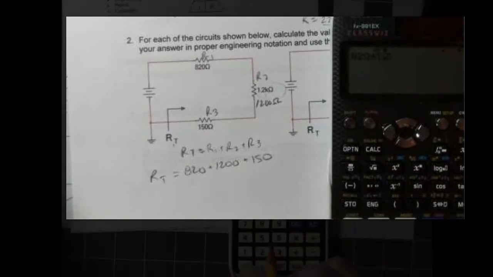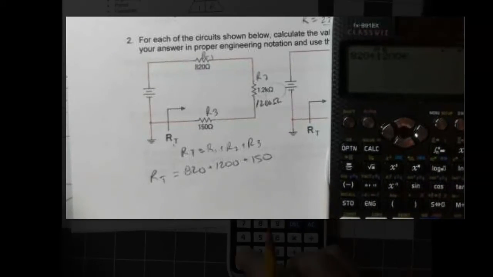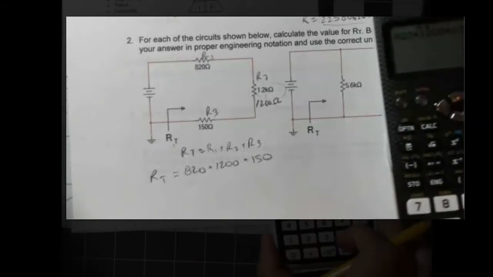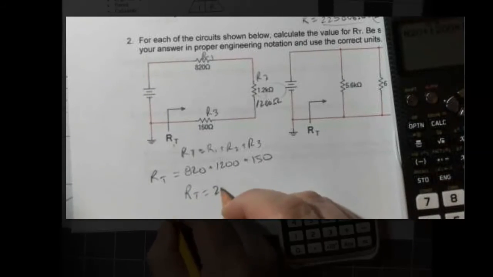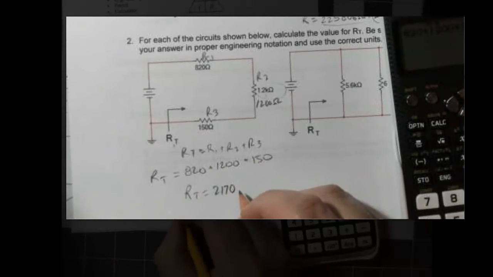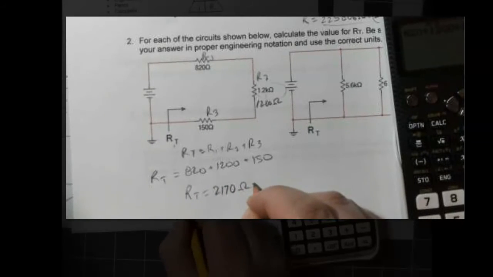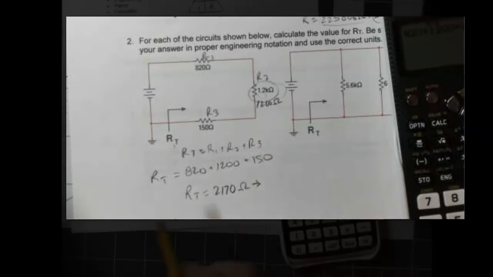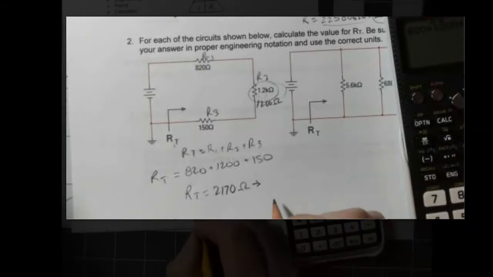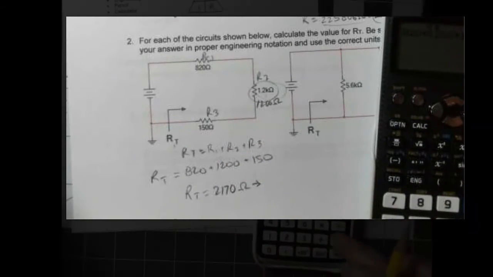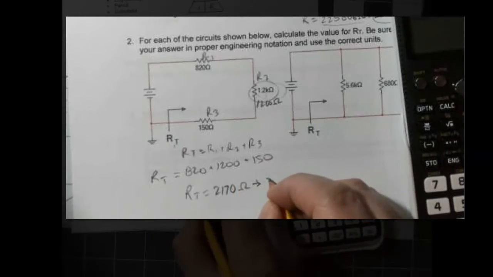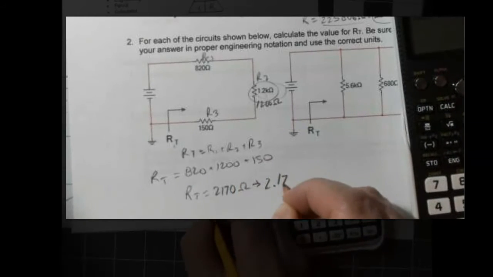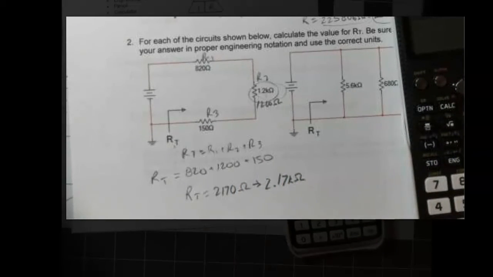RT is 2170 ohms, but we have to convert that to proper notation, so we can divide that by 1,000, or if you know how to do that math in your head, it's 2.17 k ohms.